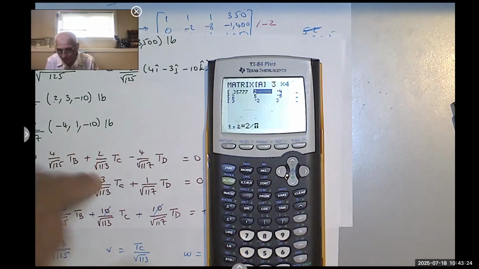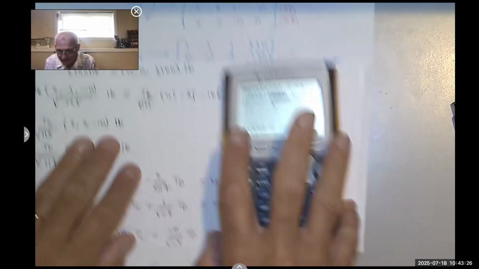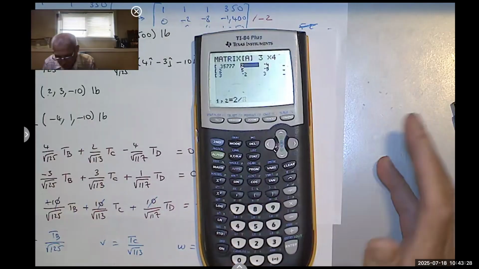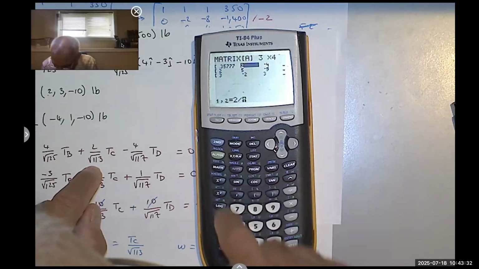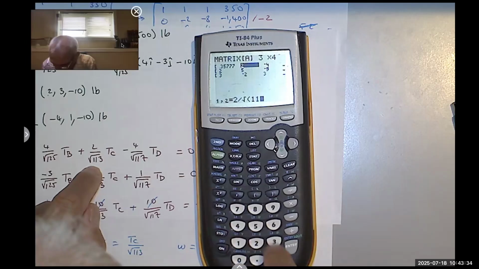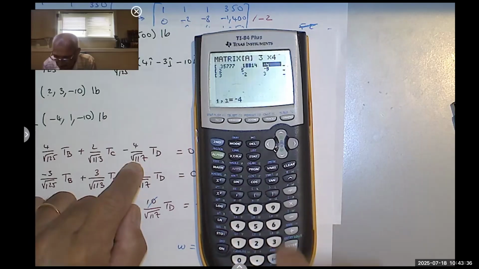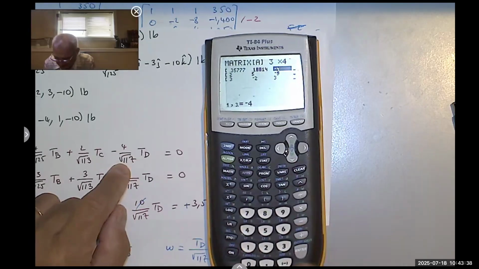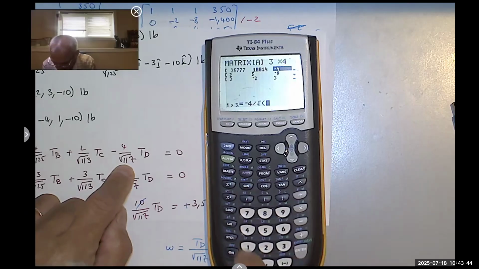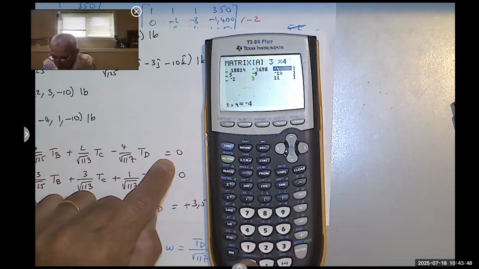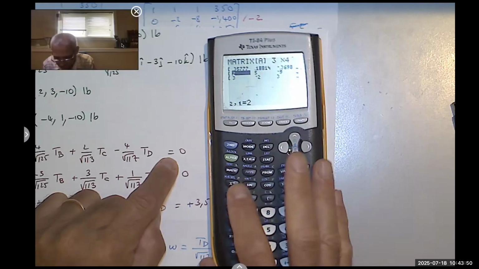I could have done it with the UVW and then multiplied at the end, but I want to check to see if we did the math correctly. That's the problem, it's tedious. We have to enter all these numbers, all these roots and stuff. And then the right-hand side was 0.